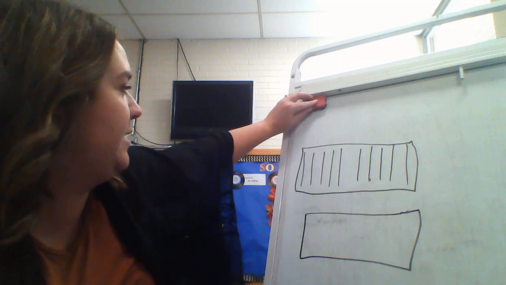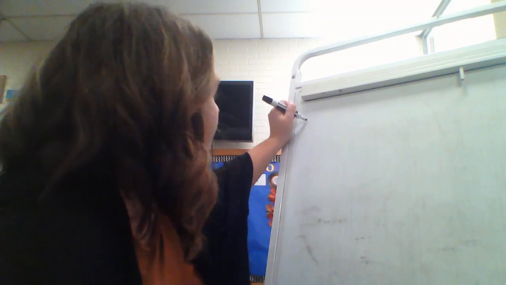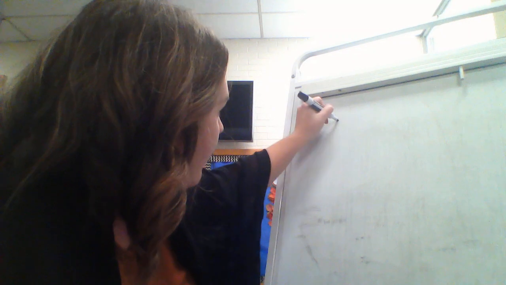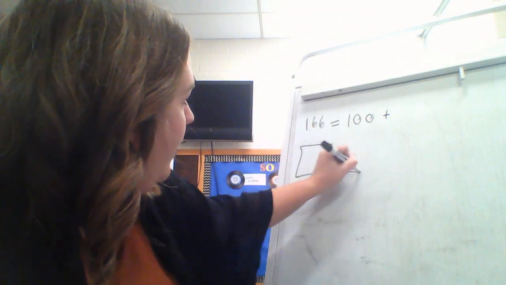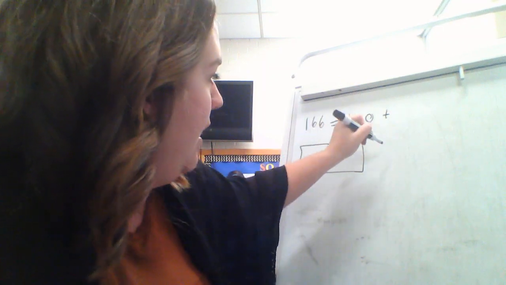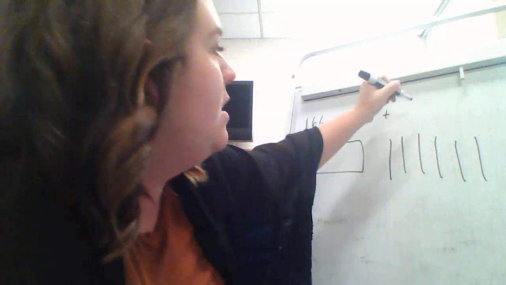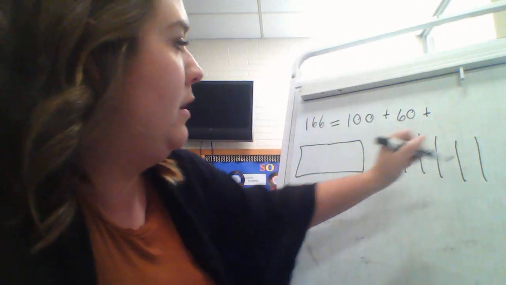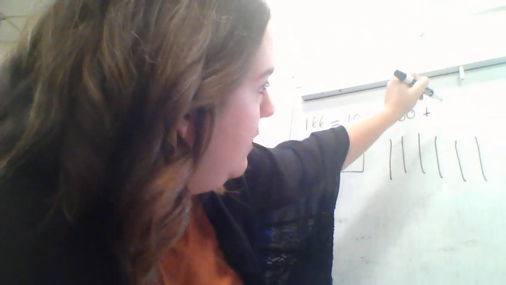So if I want to represent the number 166, I know I need 100 equals 100 plus I need 10, 20, 30, 40, 50, 60 plus 60 plus I need to get to my 6 ones. 1, 2, 3, 4, 5, 6.